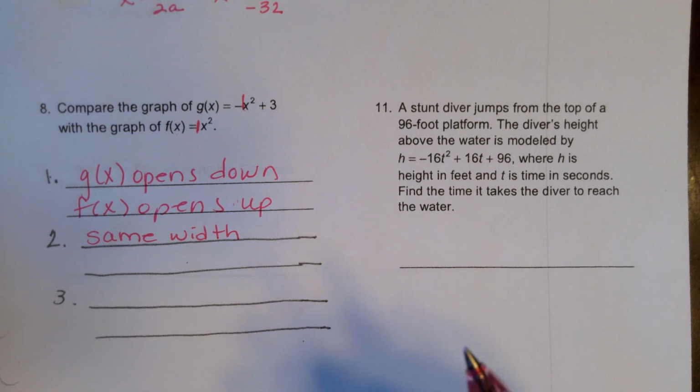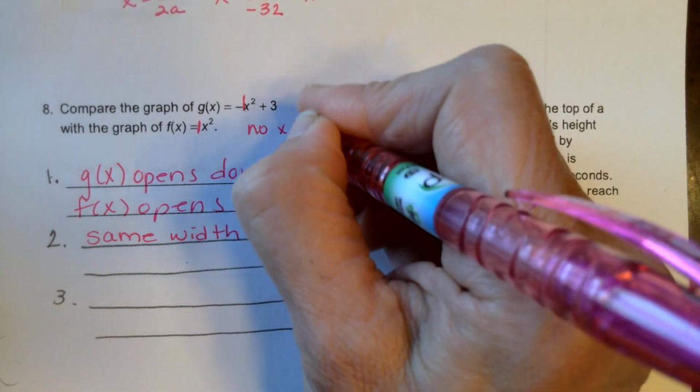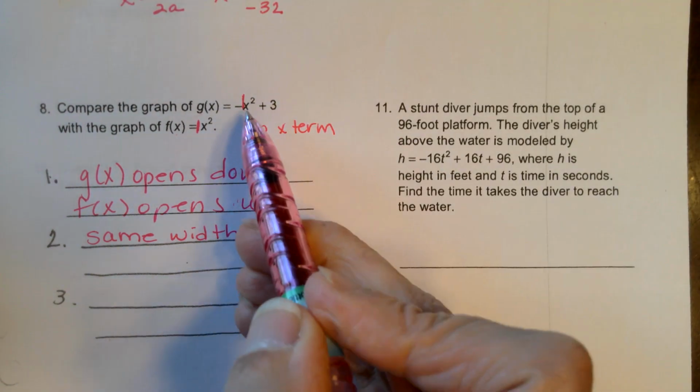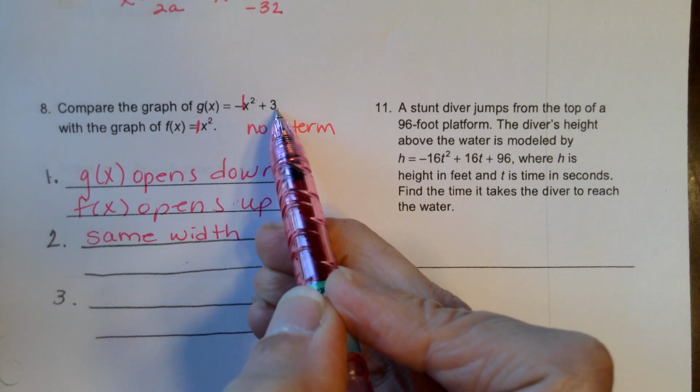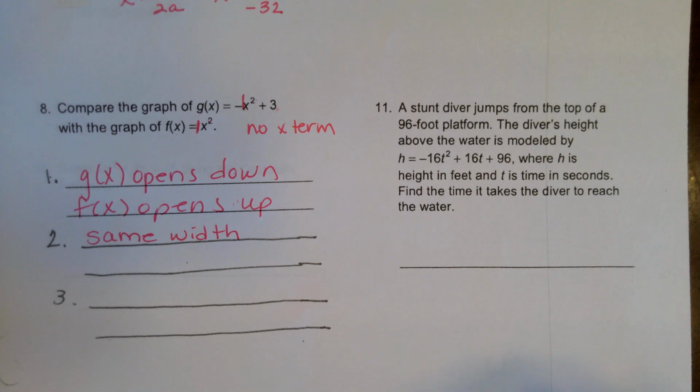And lastly, we can look at axis of symmetry, because remember, when there's no x term, in other words, there's only an x squared term and a constant, there's no 5x or 4x or anything in either, that means that the axis of symmetry is going to be 0.